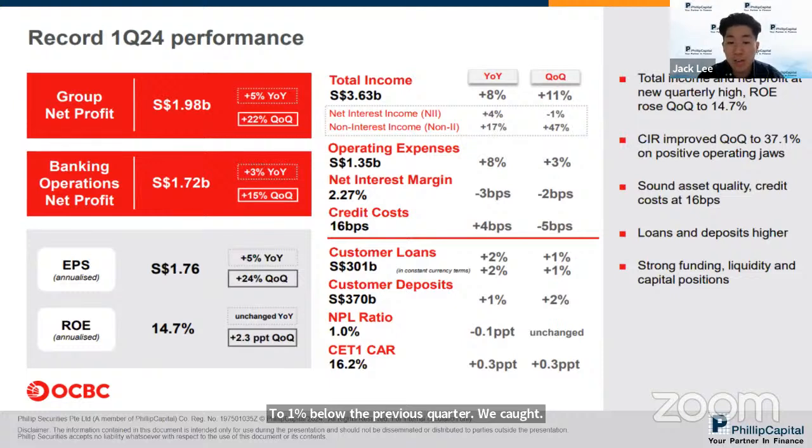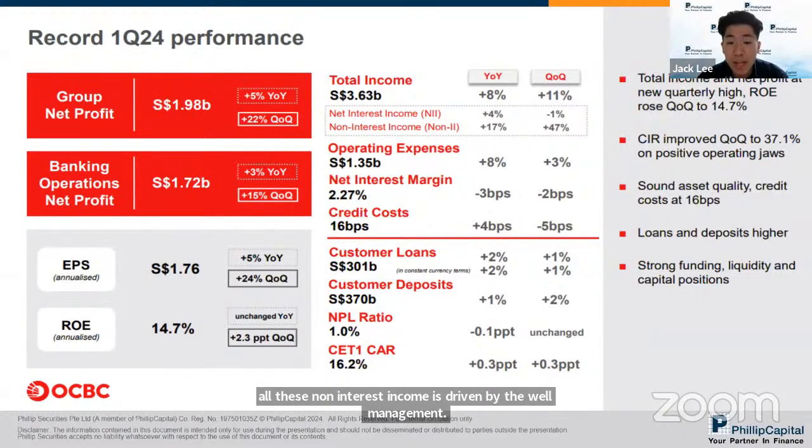Non-interest income rebounded 47%, which is very impressive. The net fee income went up 4%. All this non-interest income is driven by wealth management, brokerage, fund management, and investment bank fees.